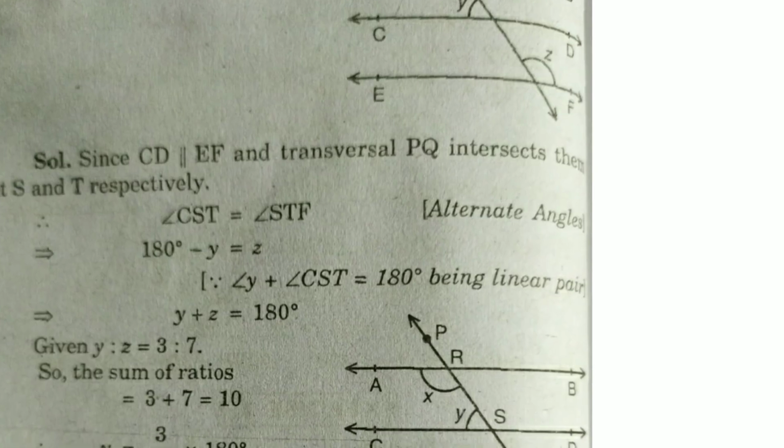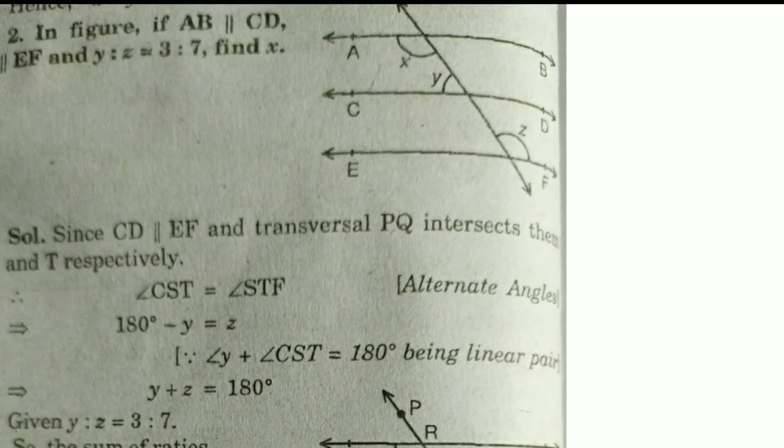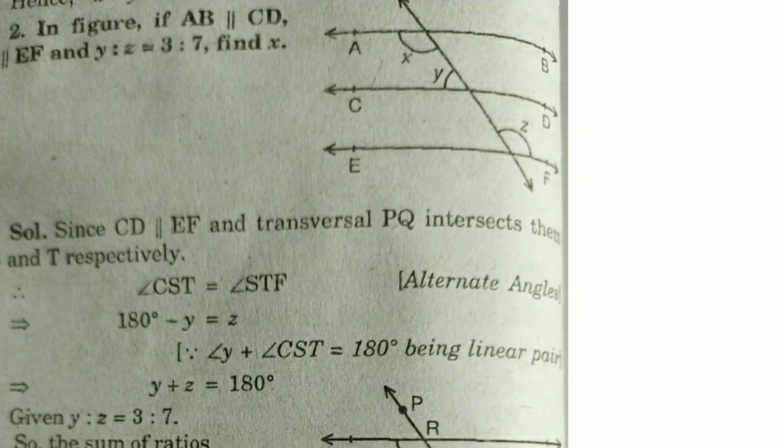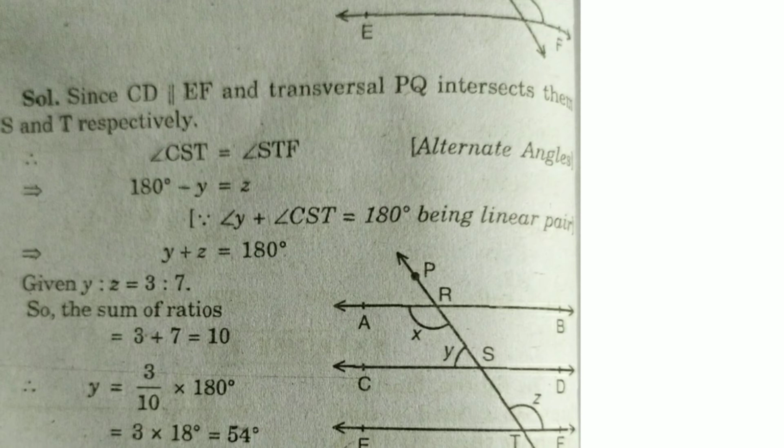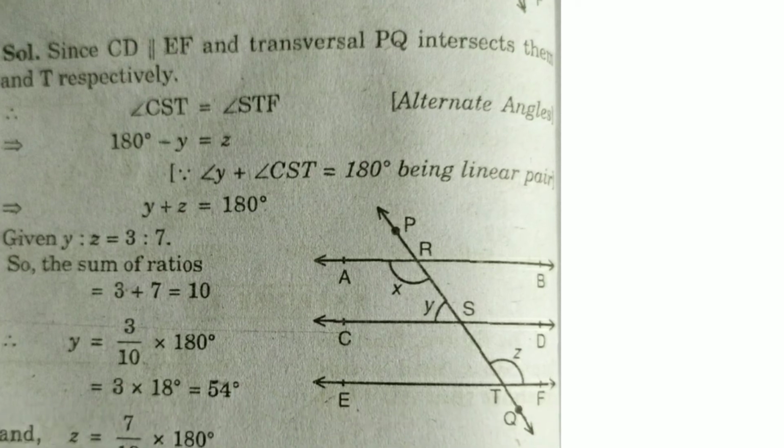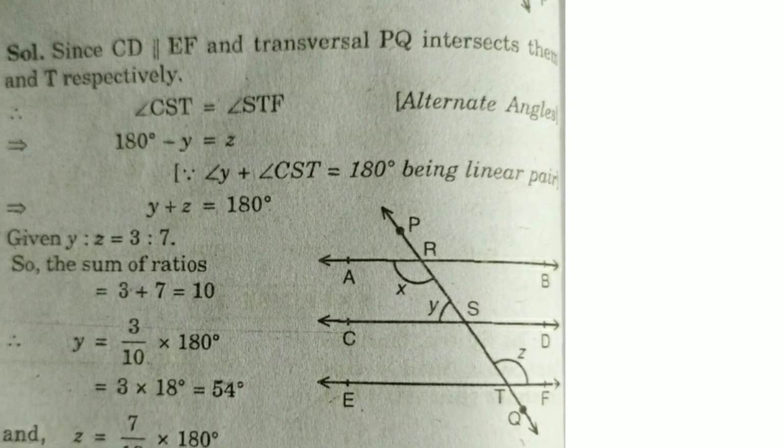So angle CST equals angle STF, alternate angles. So 180 degrees minus y equals z. Therefore, angle y plus CST equals 180 degrees, being a linear pair.